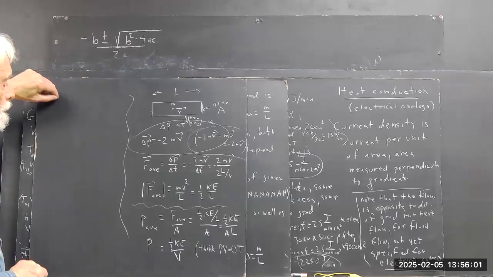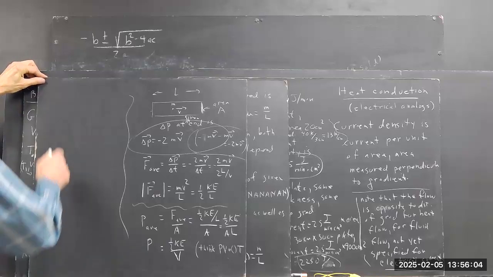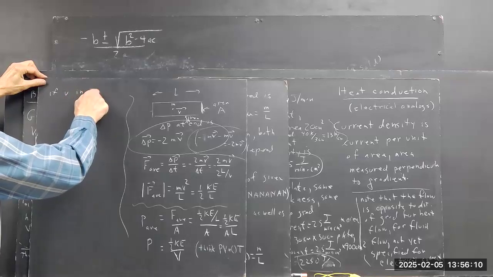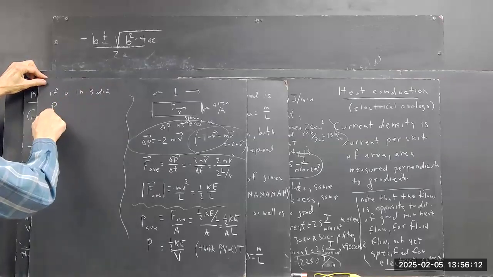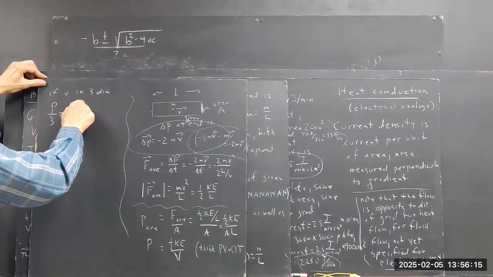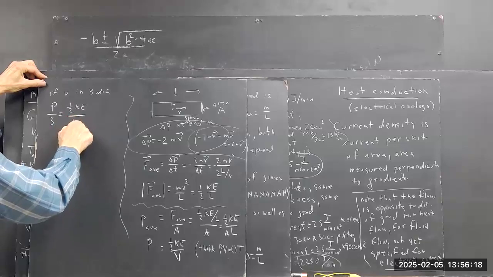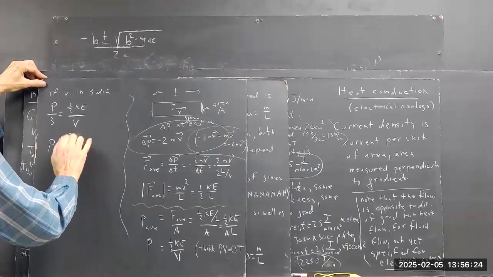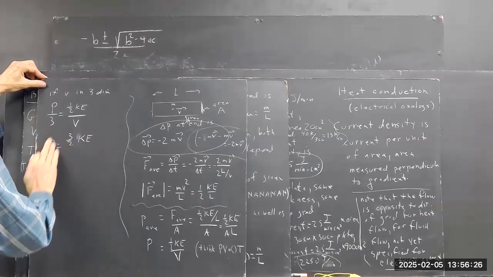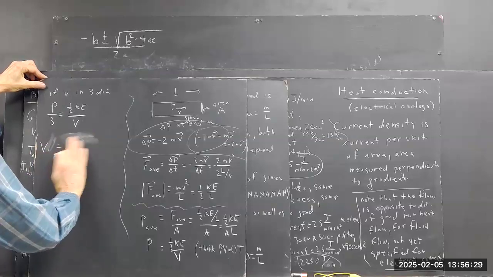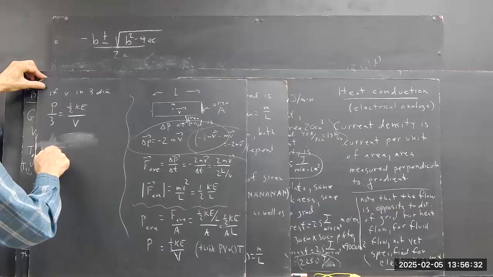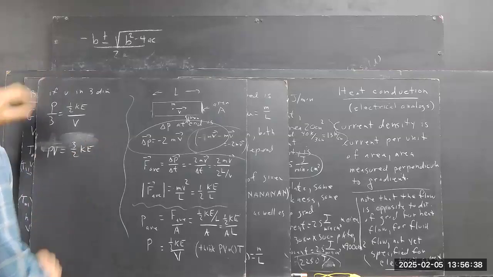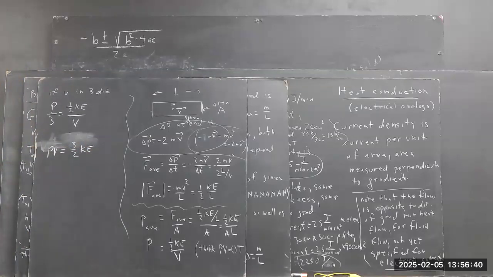Okay. So then you only get a third of the pressure. Well, you get PV is 3/2 your kinetic energy.